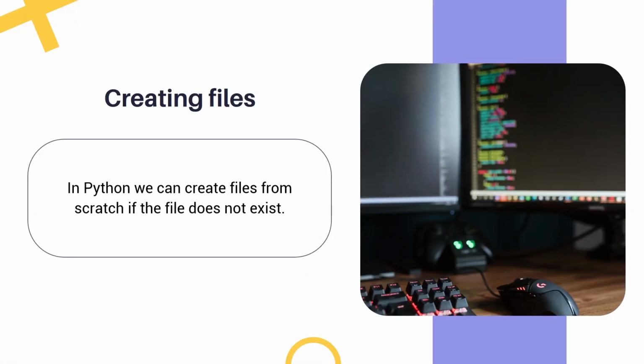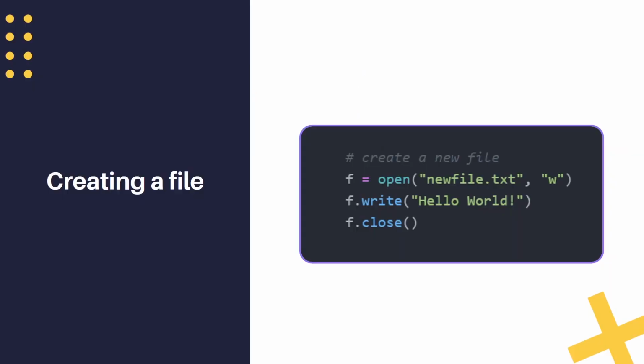In Python, we can also create a file from scratch if that file does not yet exist. We can achieve this with the write operation as well. Notice that when we create a file, the syntax is almost identical to that of writing to a file. We first open a file path, specify the file name. We then allocate the parameter w as the write parameter.